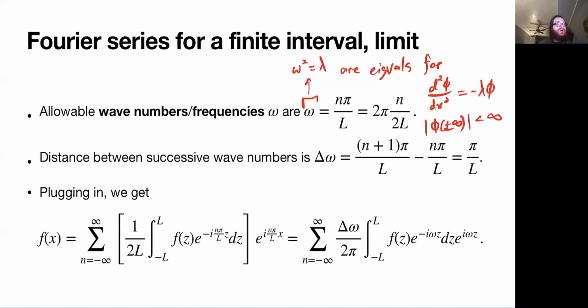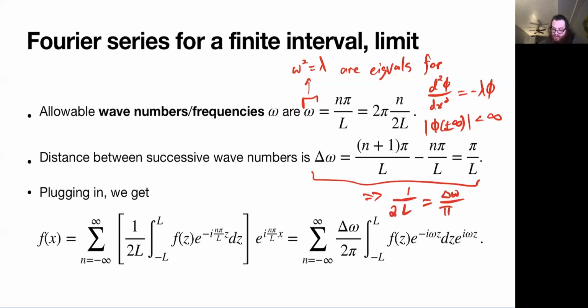One thing to notice then is that 1 over L is equal to delta omega over pi.